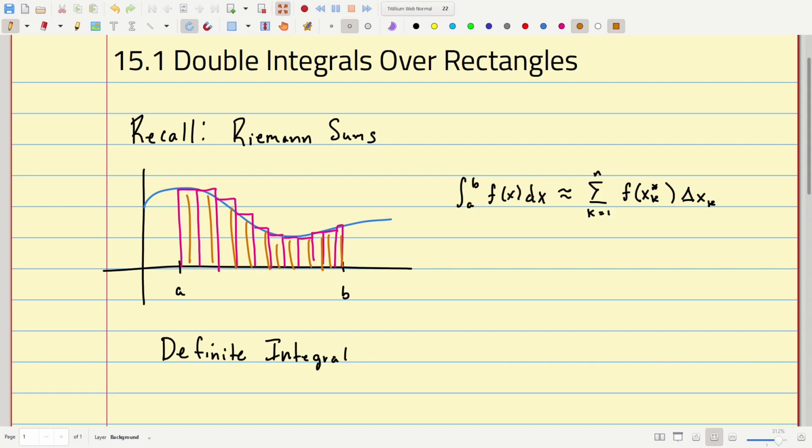The other thing that can happen, and the reason that I drew a star here, is that there's nothing that says that there has to be a system at which point I select for the height of the rectangle. So the standard Riemann sums that you did back in Calculus 1 were either left sums or right sums, where you pick the left endpoint or the right endpoint, or maybe you pick the midpoint of the interval.